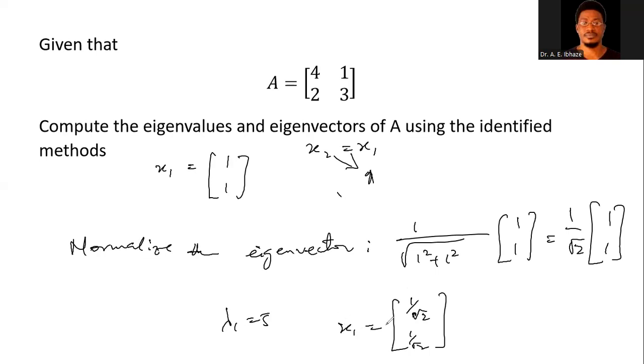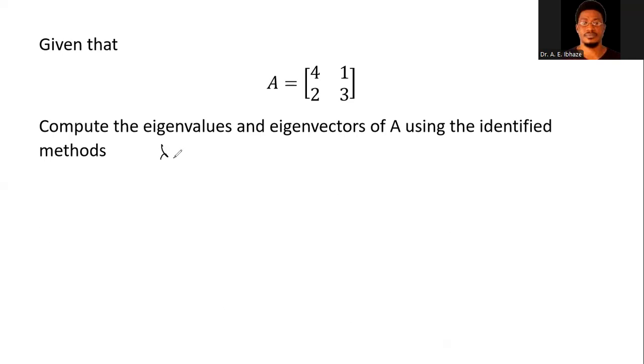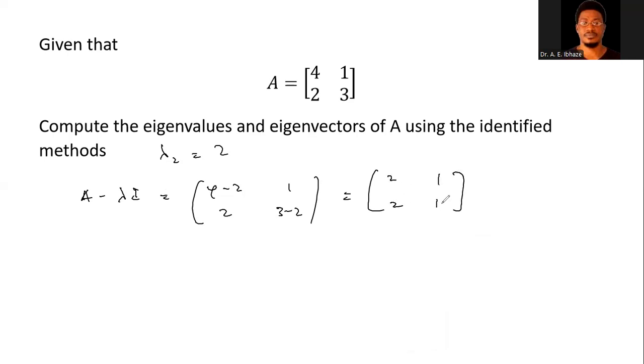Now, we also know that lambda 2, the second eigenvalue, is the same as 2. So when lambda 2 is the same as 2, then A minus lambda I will be the same as 4 minus 2, 2, 1, 3 minus 2, which is the same as 2, 2, 1, 1. Okay?